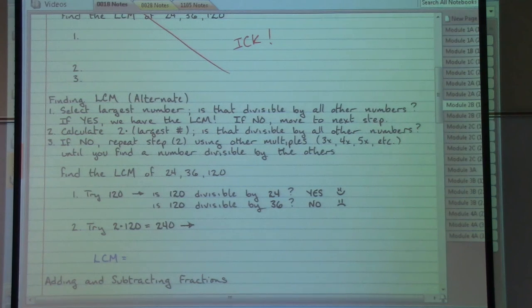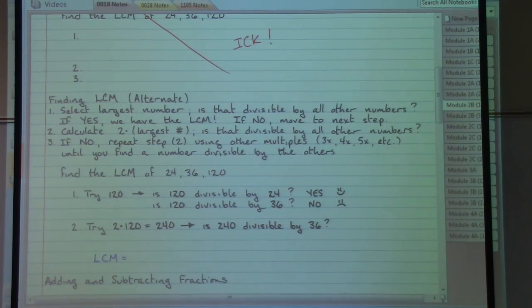Now, that definitely works with the 24. So we would still need to worry about the 36. Specifically, we are worried about the division. Can we divide and get a nice answer?